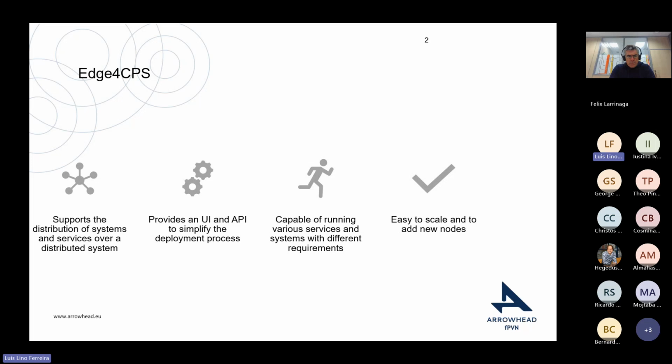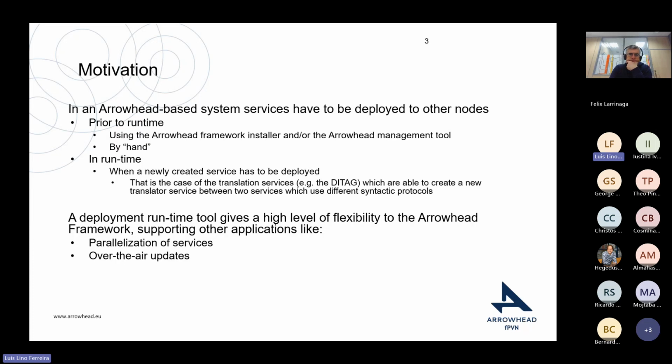Others are only supported like Arduino stuff. We intend to support all those different kinds of architectures and a set of operating systems that are able to run these services. Okay, one of the objectives is to be easy to scale and to add new nodes to the systems.